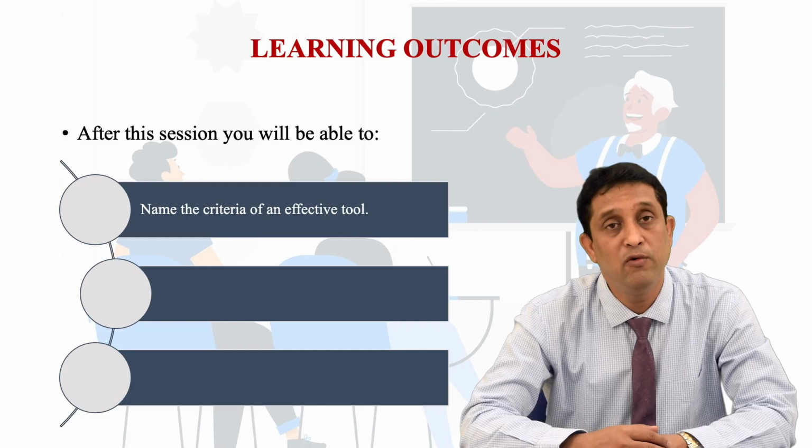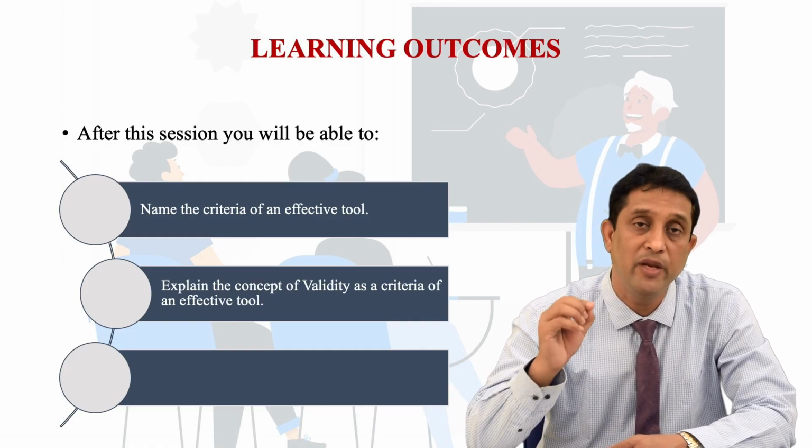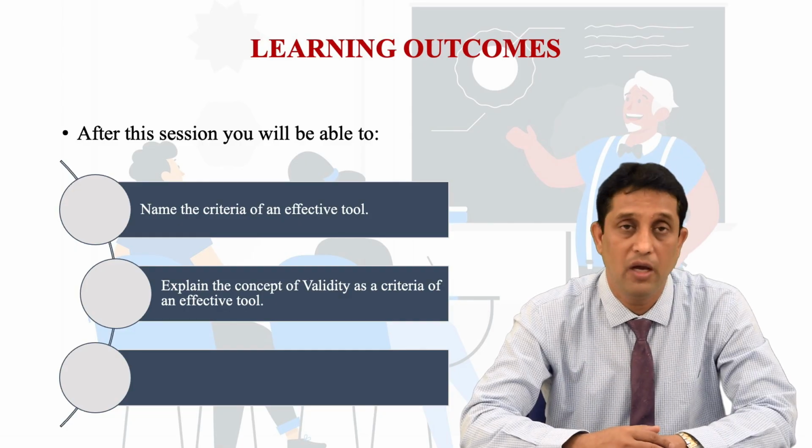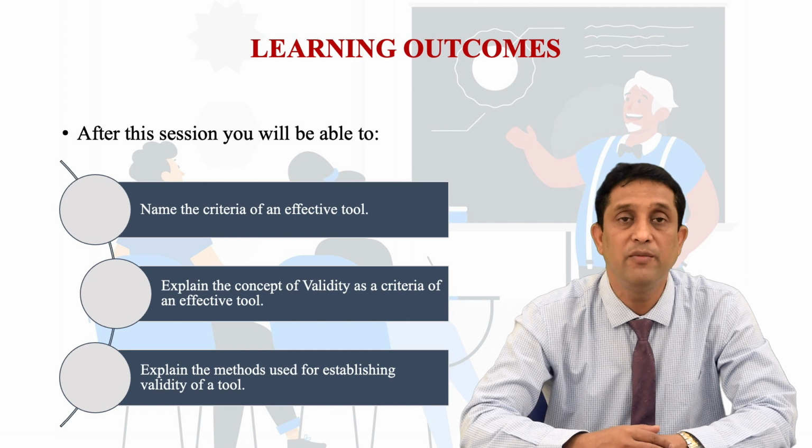You will be able to explain the concept of validity as a criteria of an effective tool, and explain the methods used for establishing the validity of a tool. Our concern is to understand the concept of validity first, and then analyze the different methods we can use for establishing it.